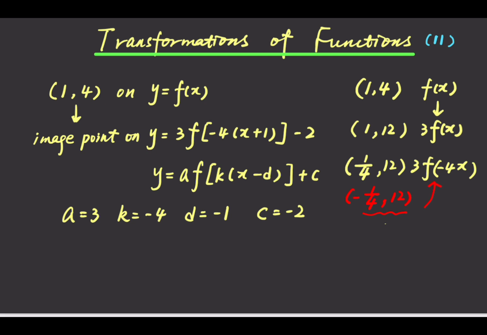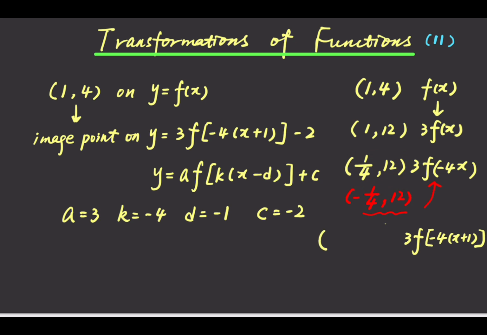Next, we need to transform the function according to D and C. That is to say, on this function, the corresponding image point of this point should be this point.